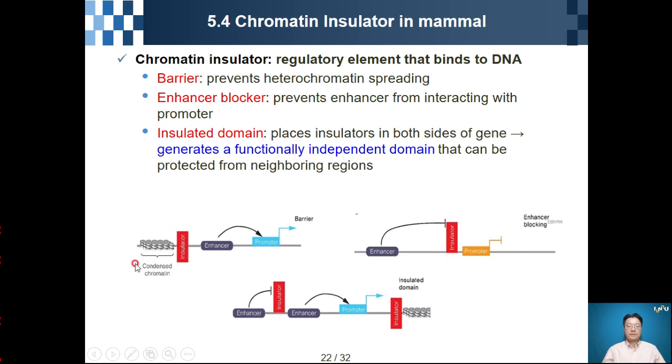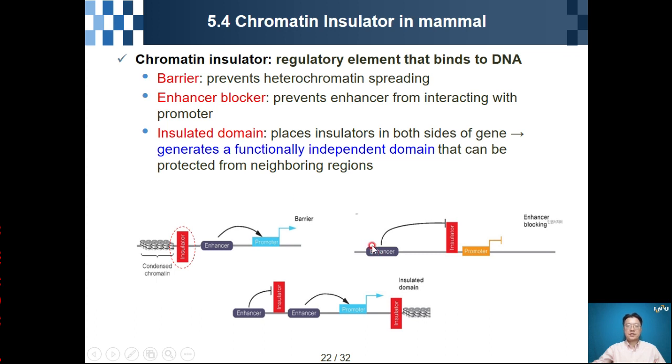If the insulator is located here, it functions as a barrier. It prevents heterochromatin spreading. That's why our gene of interest can be actively transcribed.